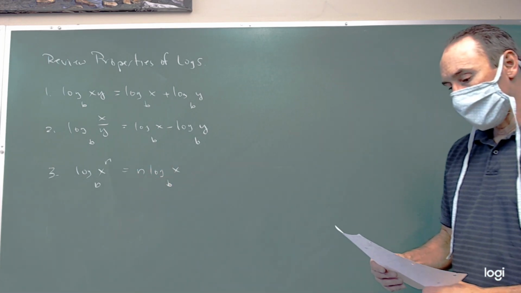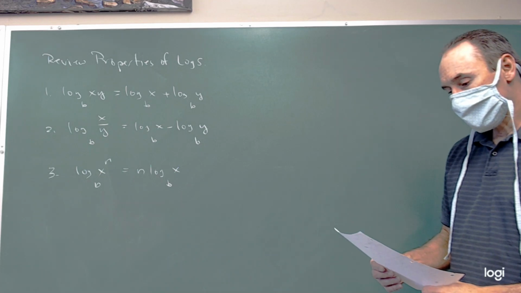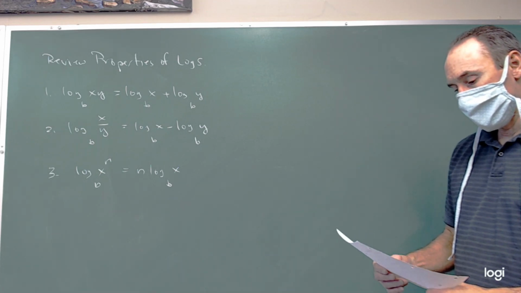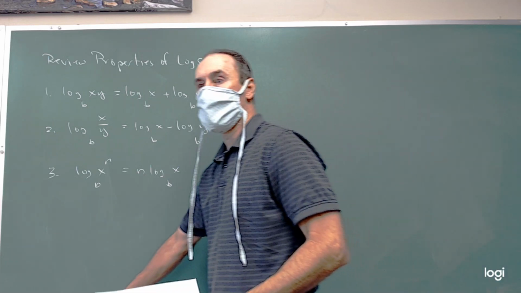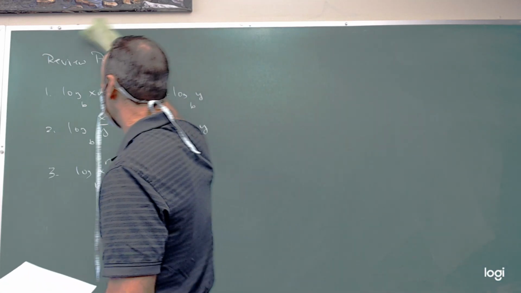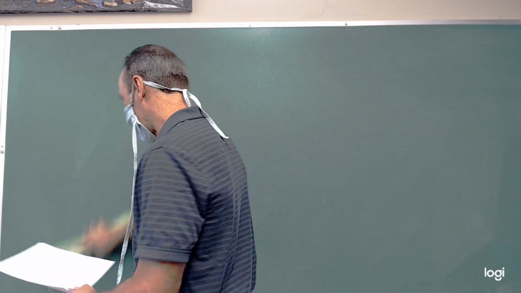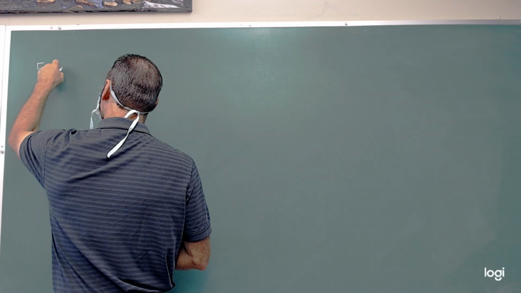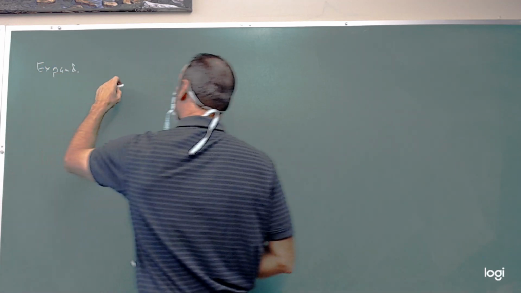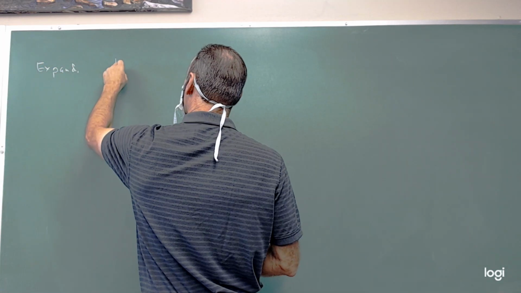Okay, so I'm going to erase this and ask you to either expand or condense these things. So we're going to first expand, and we're going to have the logarithm.